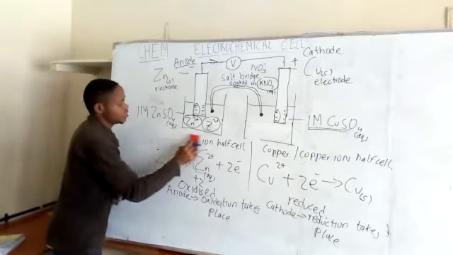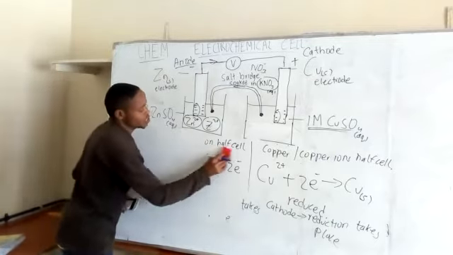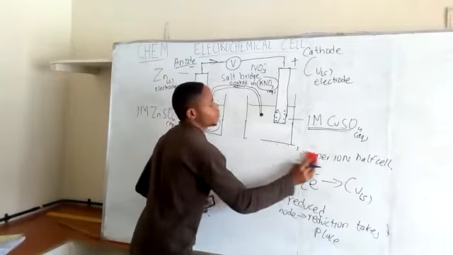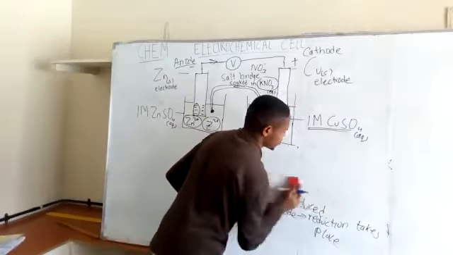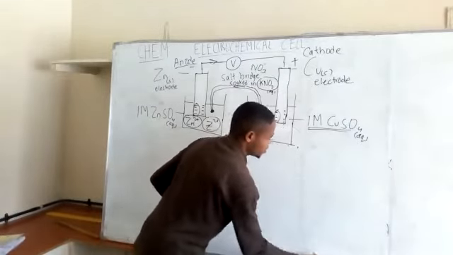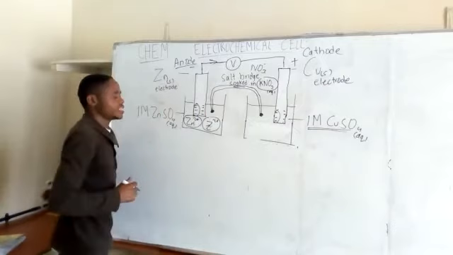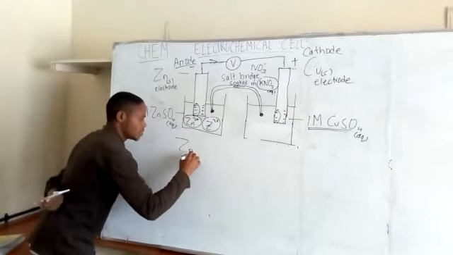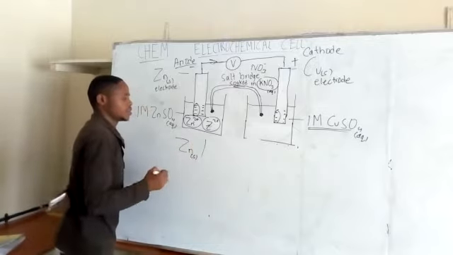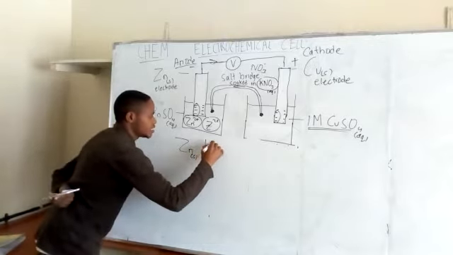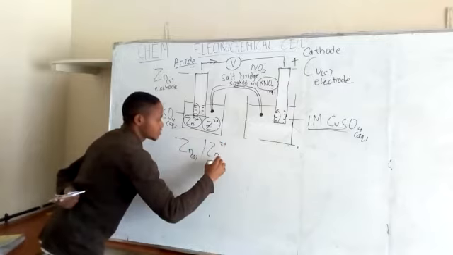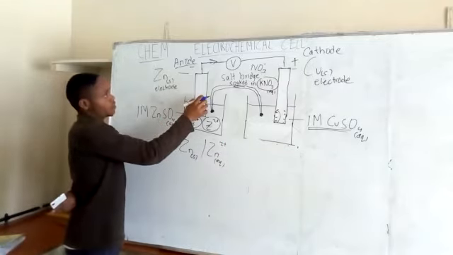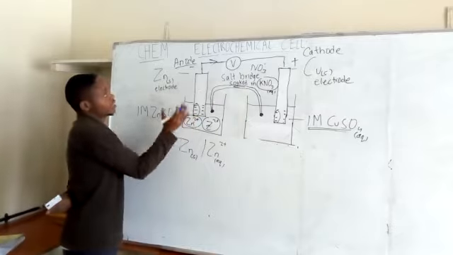It is also possible to represent these half cells using a small equation known as the cell diagram. Remember yesterday we said this is how we represent a half cell. In this case, we have the zinc metal and zinc ions, which is the half cell for zinc.